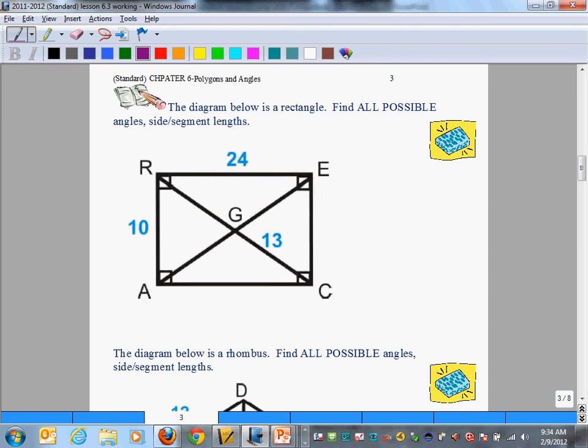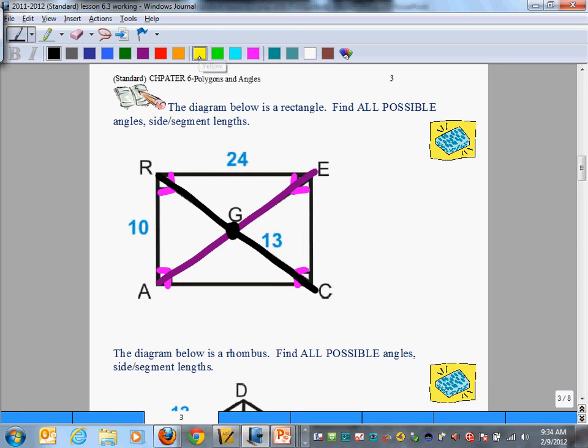This is a rectangle, so step number 1, I want you to reinforce the fact that you have right angles here. Okay, step 2, you know that this length, R to C, is the same length as A to E. You know G is a midpoint.